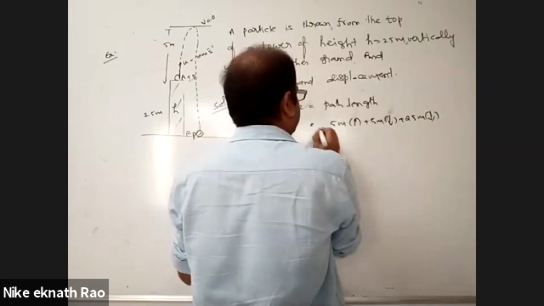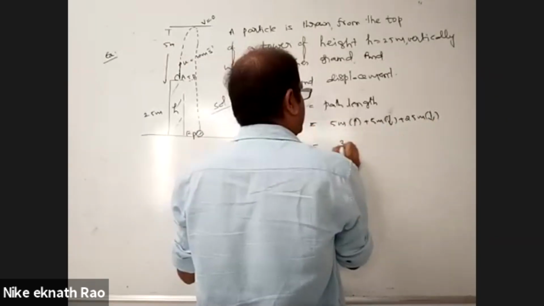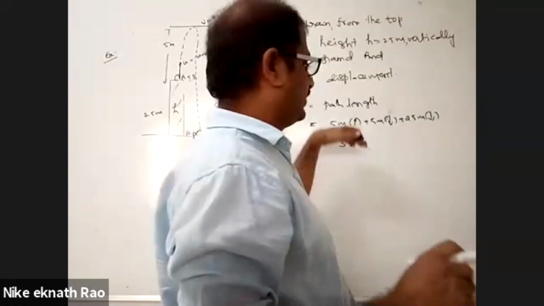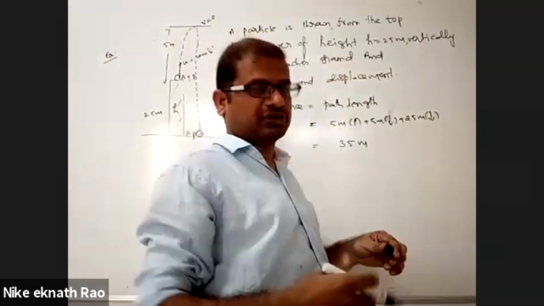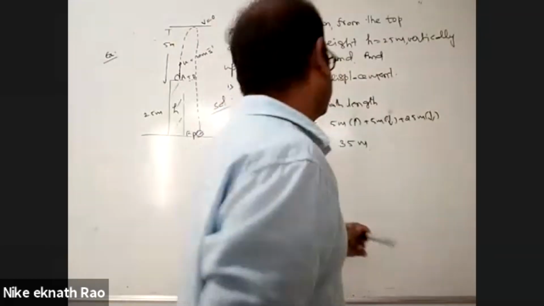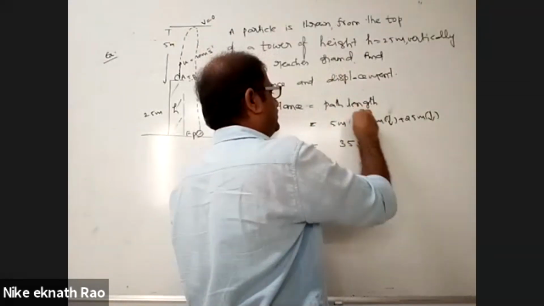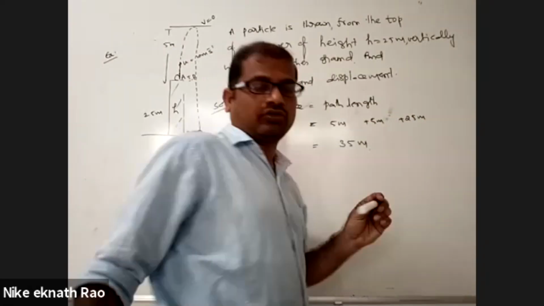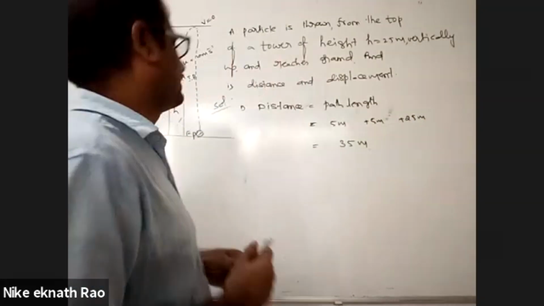So the total value is 35 meters. We should not mention a direction for distance. For calculation, I mention going-up distance and coming-down distance, but distance is a scalar quantity.